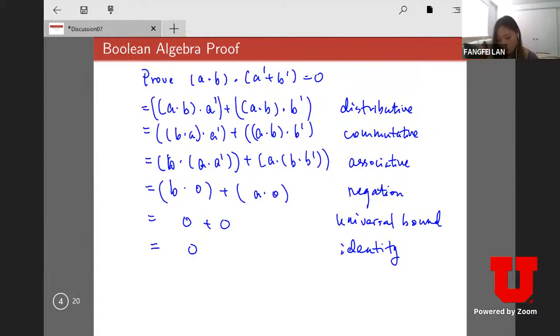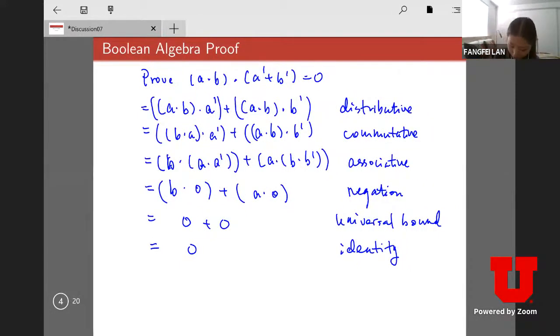Right. So we're trying to show that these two, if we think about set notation, are sets. This is an intersection, right? So we want to show that these two have empty intersections. We want these two to be empty.